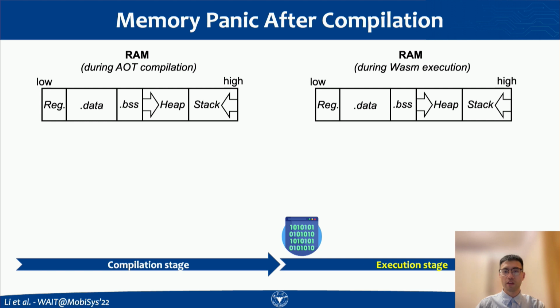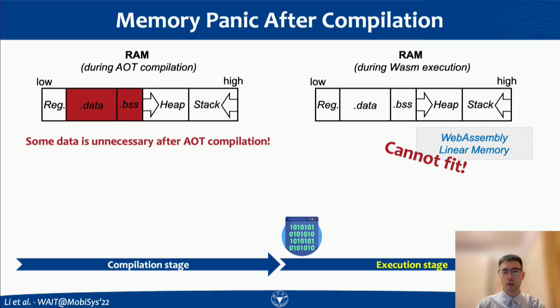However, when we enter the execution stage, another problem arises. The memory of WebAssembly is organized into a linear memory region. Originally, WAIT invokes the compiled WebAssembly module, and the linear memory is placed in the heap. But the heap on constrained IoT devices is limited and the linear memory cannot fit. We re-examined the RAM layout during the compilation and execution.